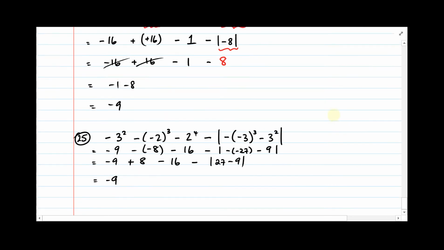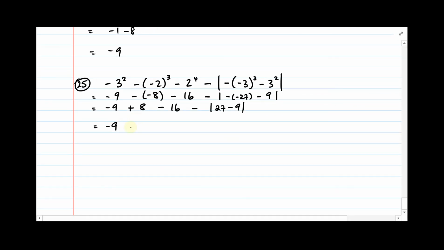Looks a little crowded, so let me move up. Minus 9 plus 8 minus 16. Working in here, 27 minus 9 is the absolute value of 18. We can get rid of the absolute value now.